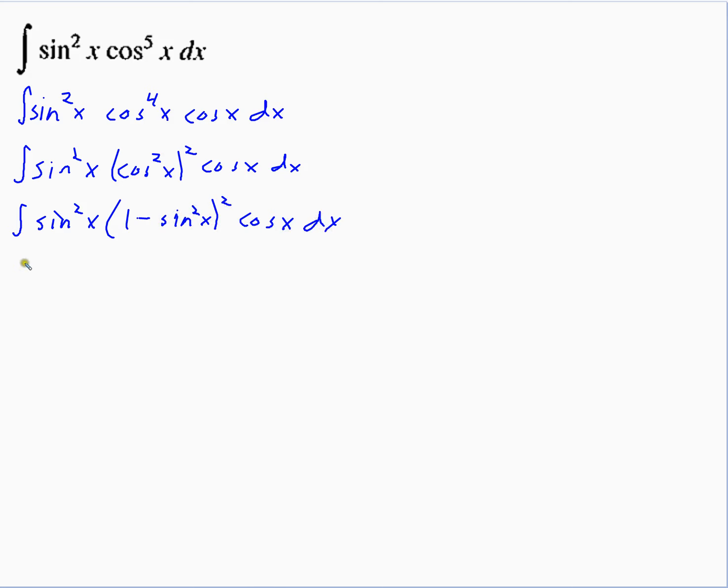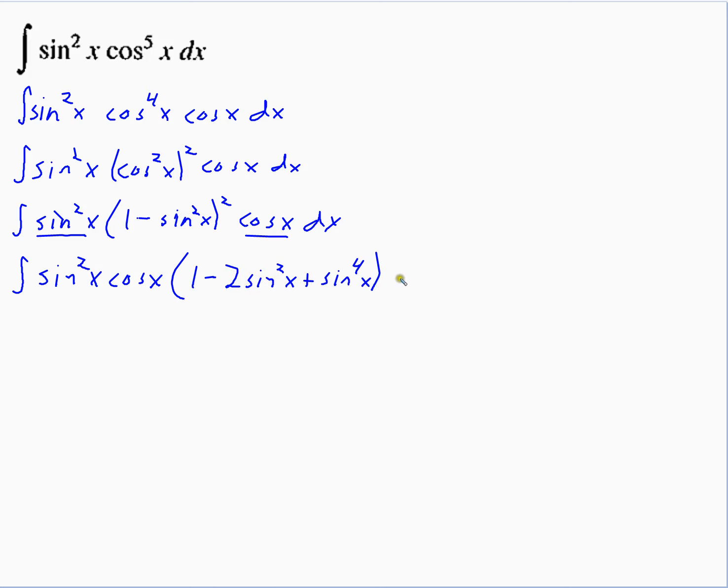So if you remember our helpful thing for this, I'm going to go ahead and put both of these together up front. So we got a sine squared x cosine x. Multiplying this out, we get a 1 minus 2 sine squared plus sine to the 4th.